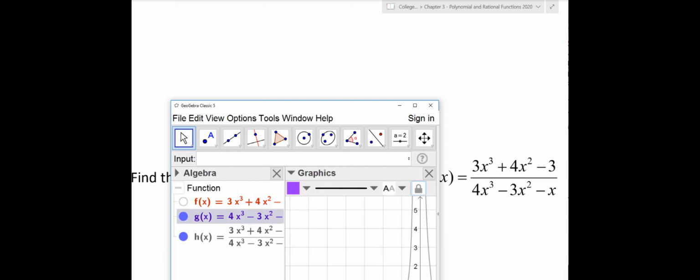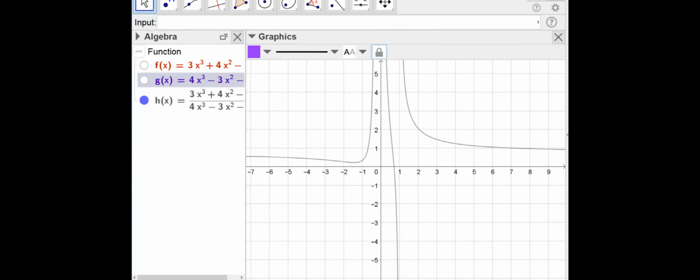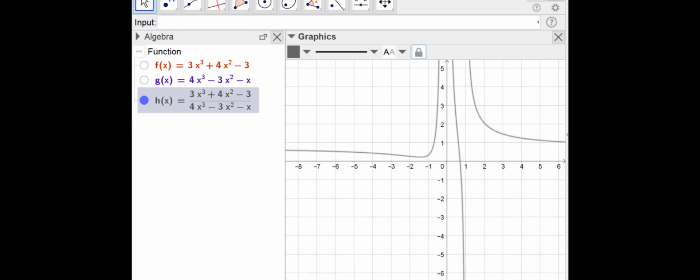We're interested right now in eventually graphing this gray function. If I want to graph that gray function, one of the key things we're going to do is first find the horizontal asymptote. Well, right now, because these degrees are the same, and through the algebra we just went through, the horizontal asymptote should be at 3/4. So I'm going to type y equals 3/4 in.